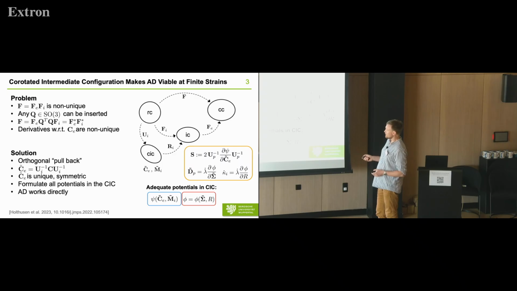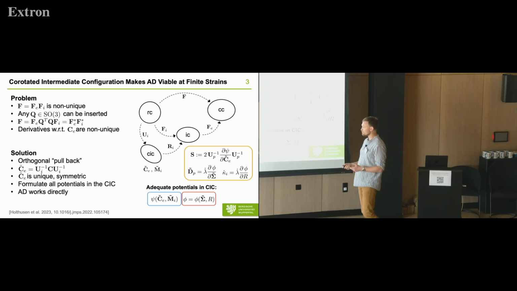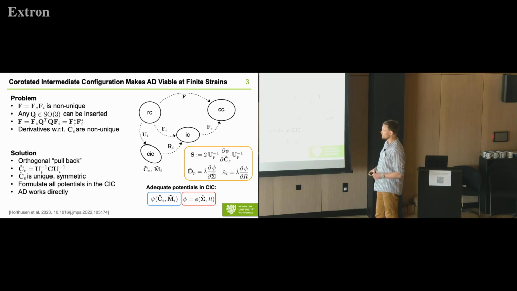Now what we do is we formulate everything in what we call a co-rotated intermediate configuration, which you can interpret as an orthogonal pullback, although we could also assume it's a push forward from the reference configuration, and it delivers a different elastic Cauchy-Green tensor.